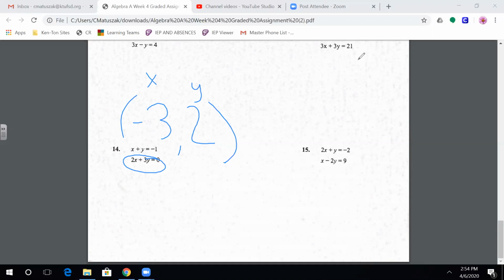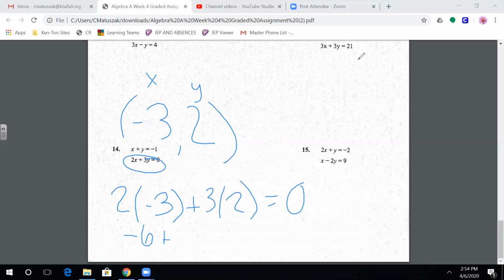When I go through and check it, I'm going to plug in my negative 3 for x and my 2 for y, and it should equal 0. 2 times negative 3 is negative 6. 3 times 2 is 6, equals 0. Negative 6 plus 6 is 0. And 0 equals 0, so it does in fact check out.